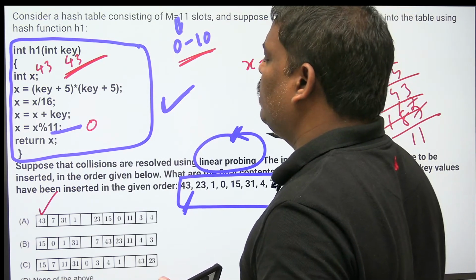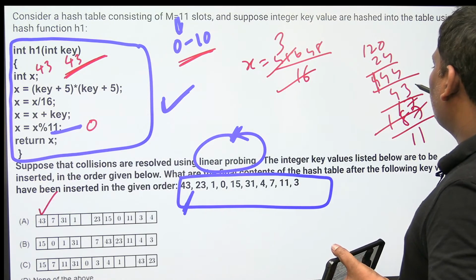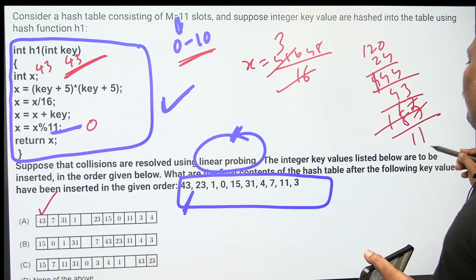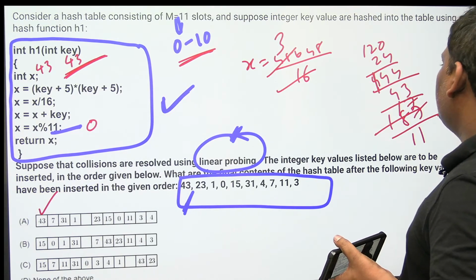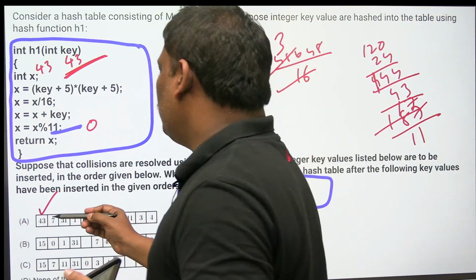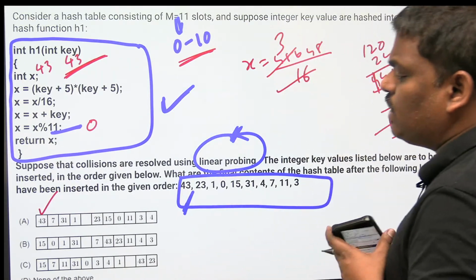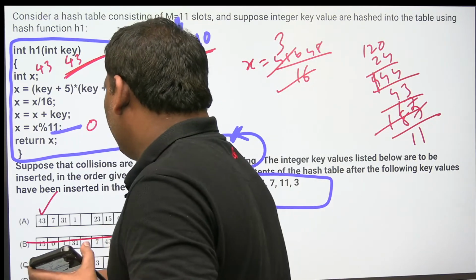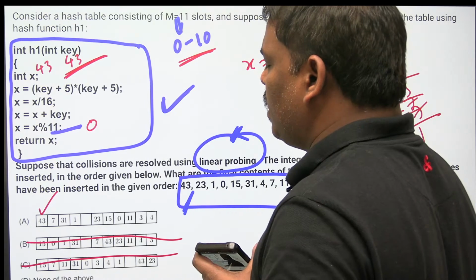Next, x is equal to x plus key 43. 144 plus 43 is 187. 187 modulo 11, 11 ones 11, remainder 7, 11 7s is 77. Remainder is 0. Finally 0 came, 43 will go there. Listen everyone, by seeing, 43 is matching. B is not matching, C is not matching. So the answer will be either A or none of these.